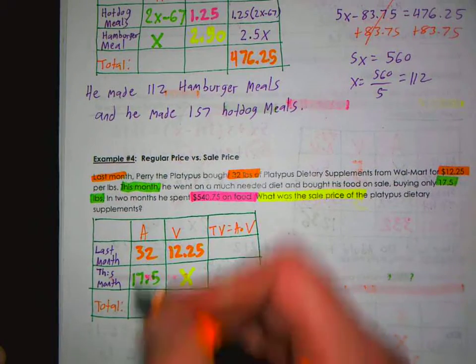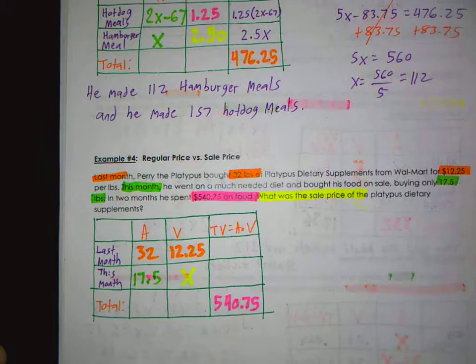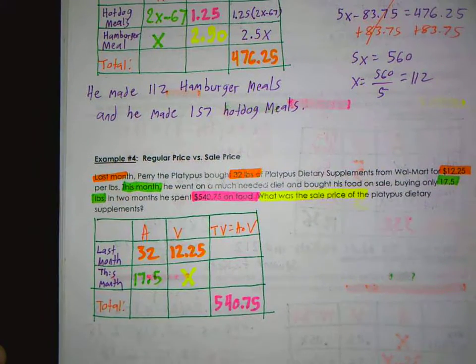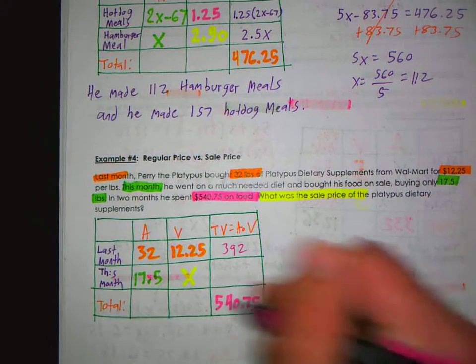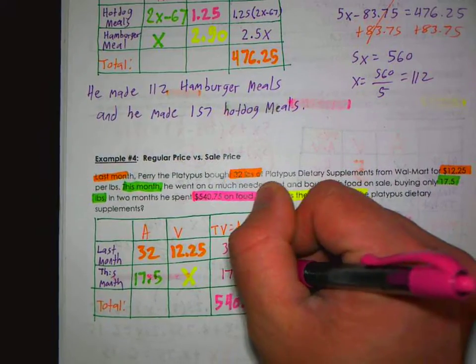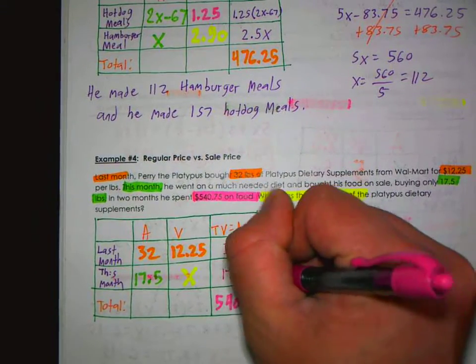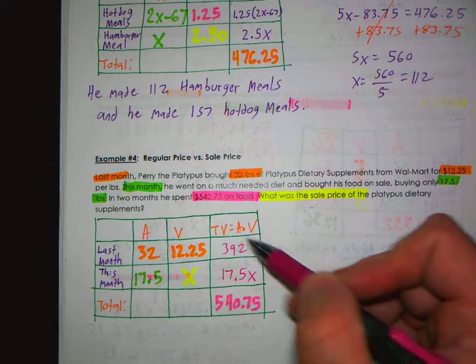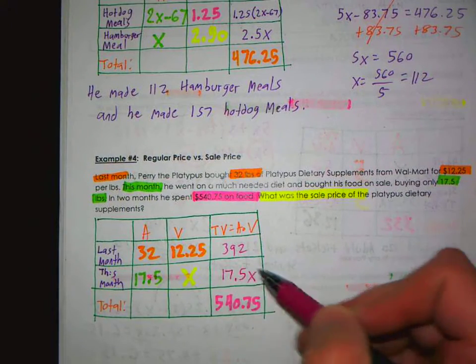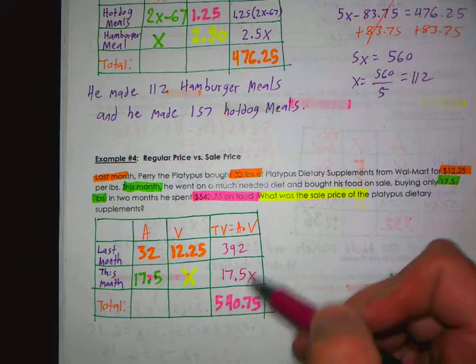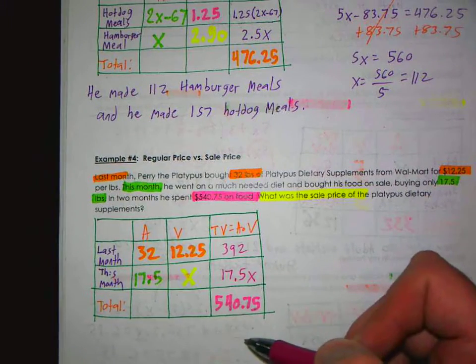So we set up an equation. 32 times 12.25 is 392. 17.5 times x is 17.5x. So this is how much money he spent last month. This is how much money he spent this month. And total is 540-ish.